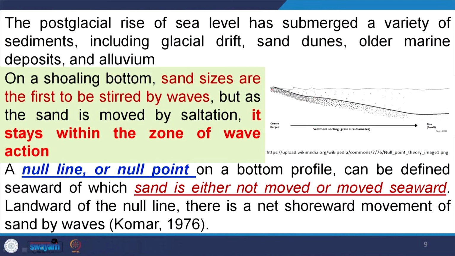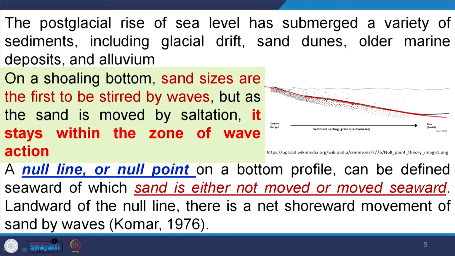If you see the profile here, moving from continentward to seaward, within this profile there is a point called the null point, and in plan it is a line. In a cross section it is a point, and if you look at the surface from an aerial view, it will be a line, called the null line.